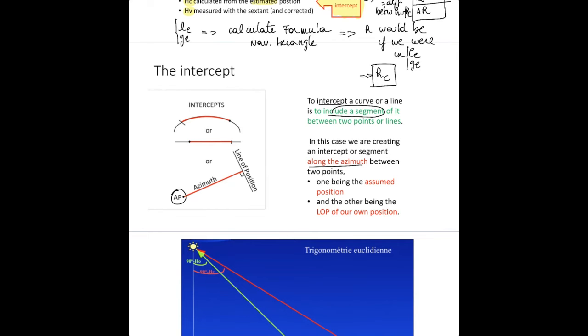Between our assumed or estimated position, which is LE, GE, or our dead reckoning position, along the azimuth line, and the point where we draw our line of position.